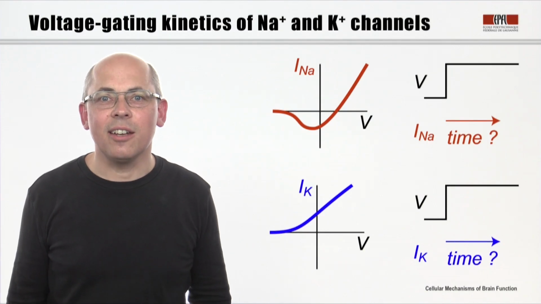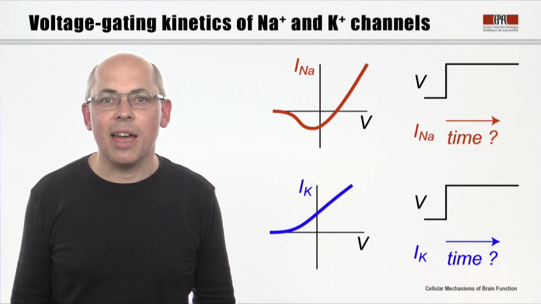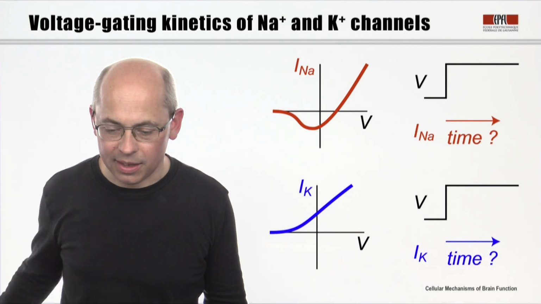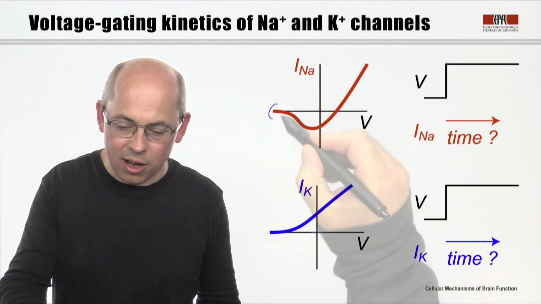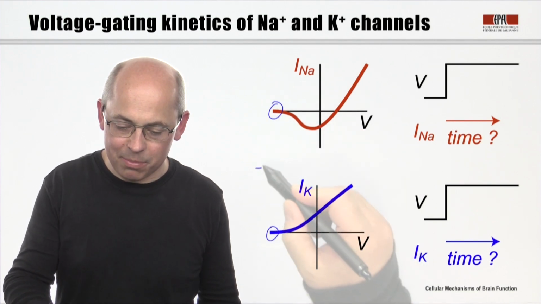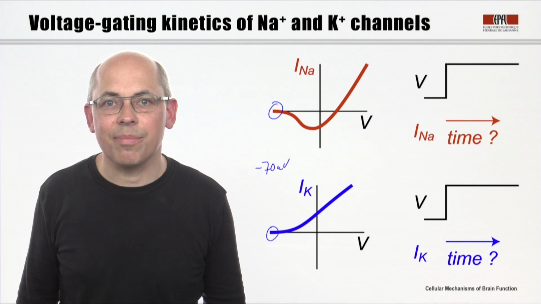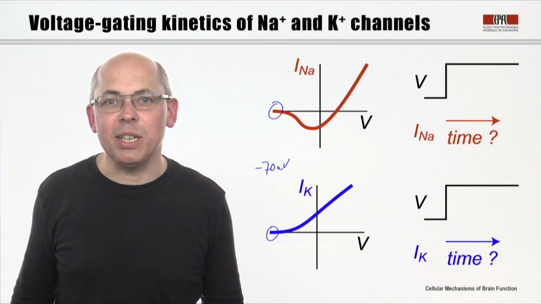We're going to focus again on the voltage-gated sodium and potassium conductances that we began to study in the last lesson. These, as we remember, are largely closed at resting membrane potentials of around minus 70 millivolts. They only become activated as we depolarize.